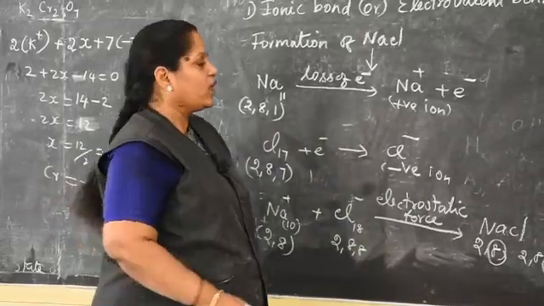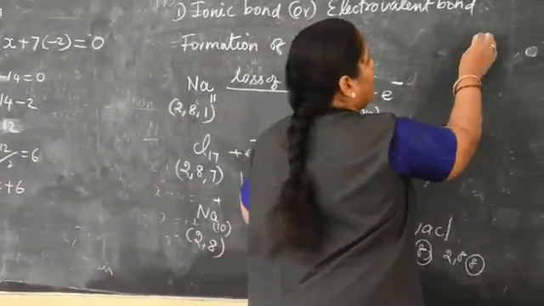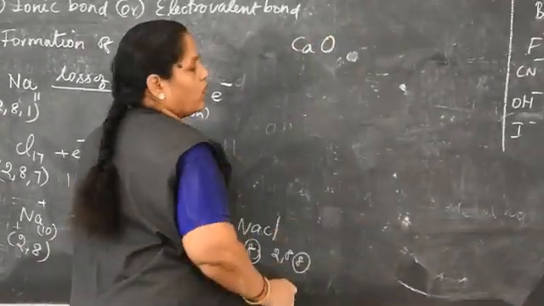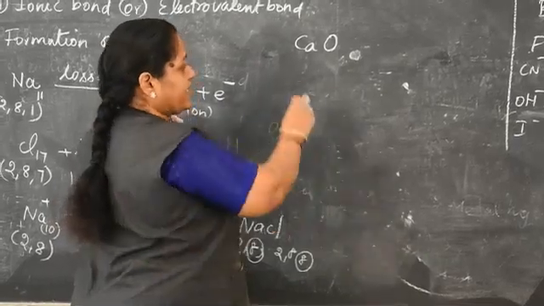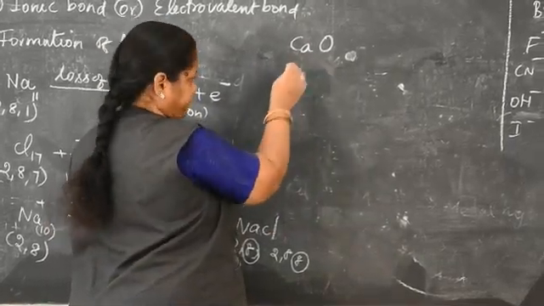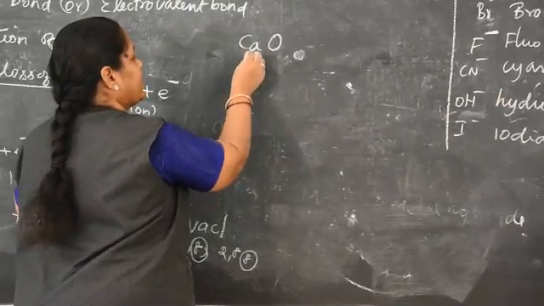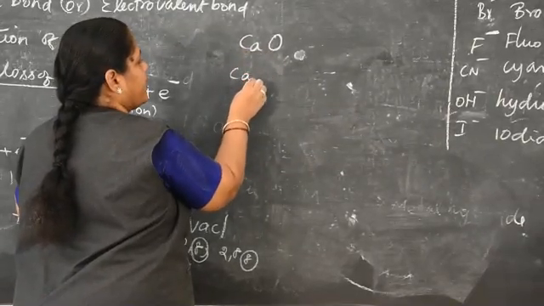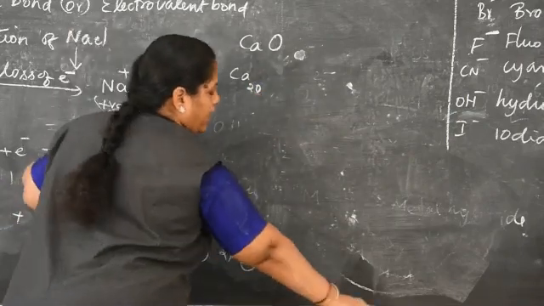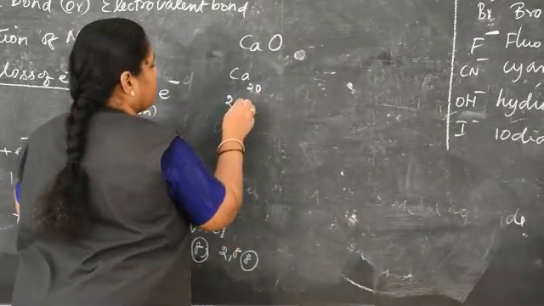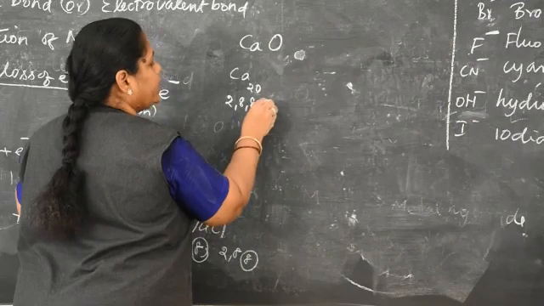Like that, consider the formation of calcium oxide. What is the formula for calcium oxide? Calcium has atomic number 20, so 2, 8, 8, 2.